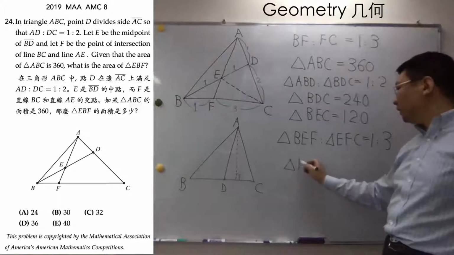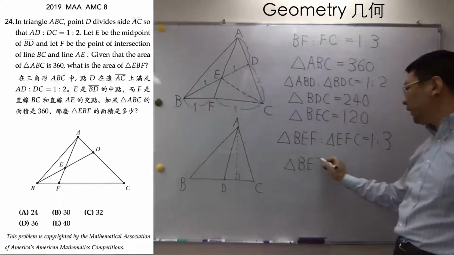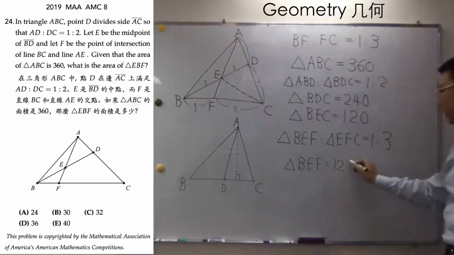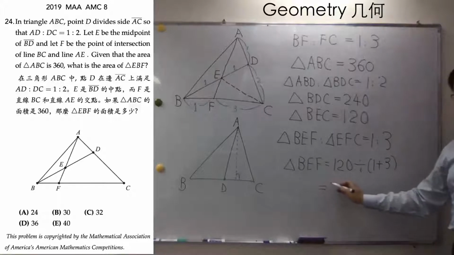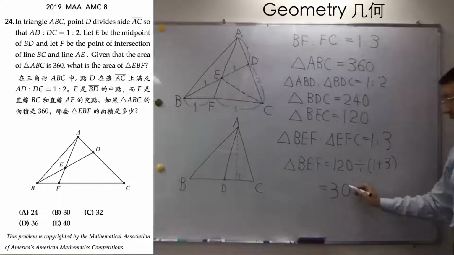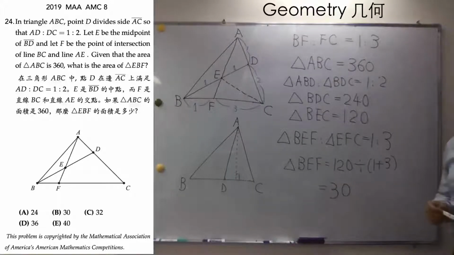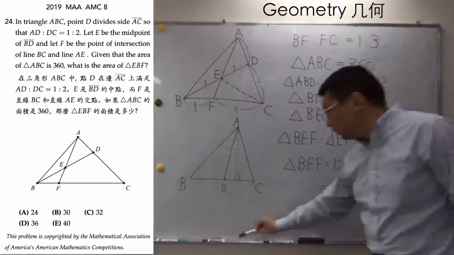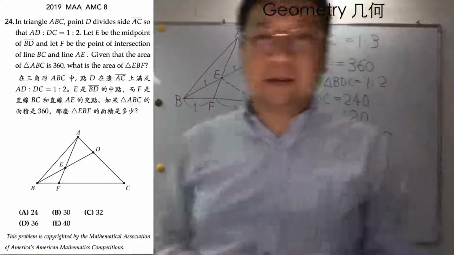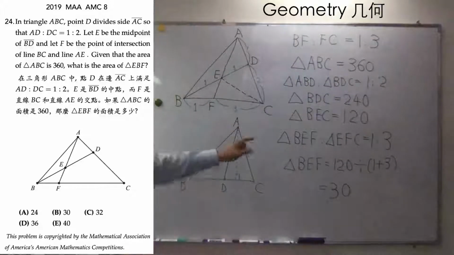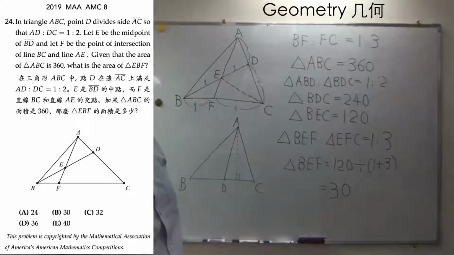So now we know the area of triangle BEF. It's just 120 divided by 1 plus 3, divided by 4, and the result is 30. So we find the answer to probably the most difficult question in this competition. Answer 30, we should choose B.